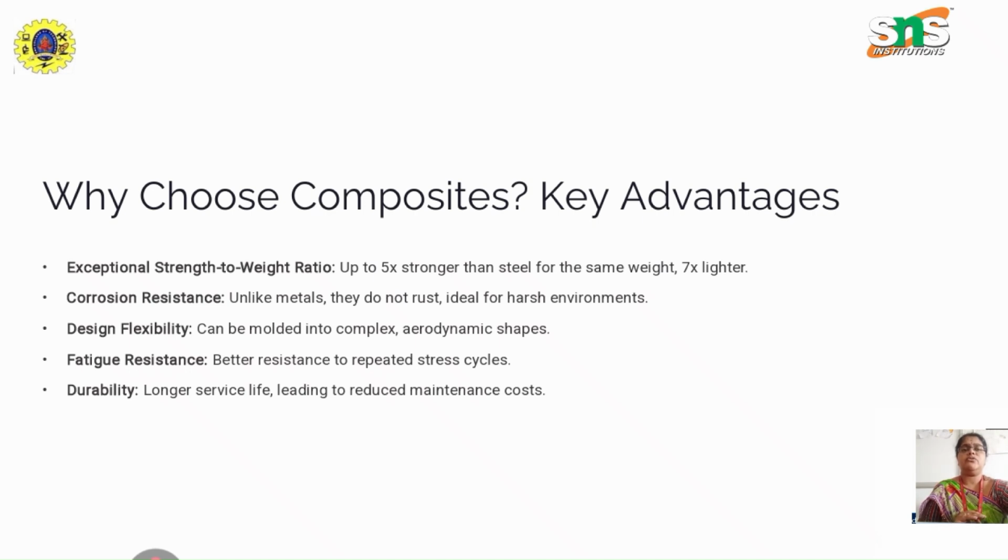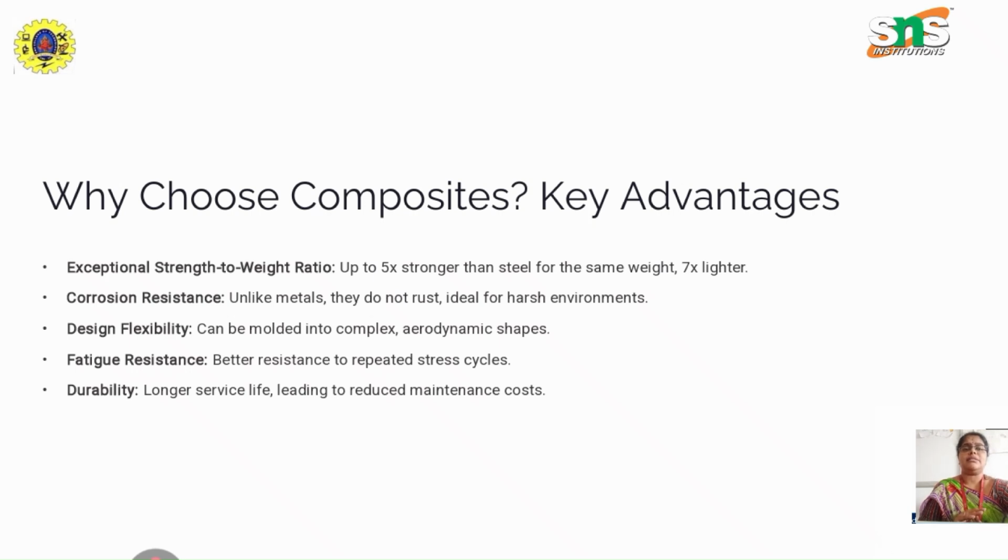It is made into different products, it is resistant to corrosion, and it is lighter than iron and other metals, so we are using steel. But composite materials are stronger than steel for the same weight and 7 times lighter than steel also. Next is corrosion resistance.